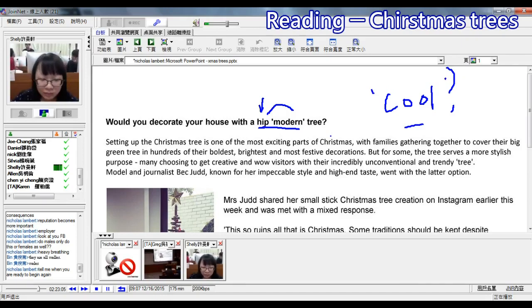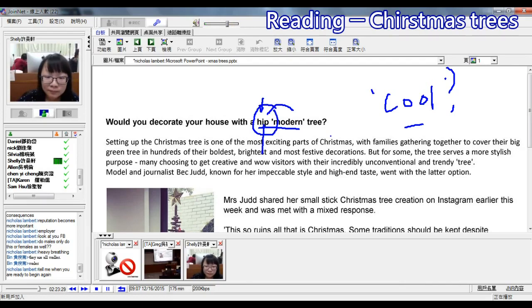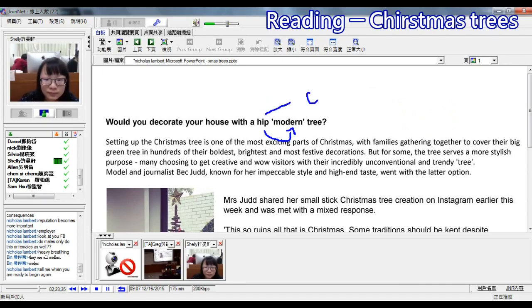If I say Shelley is a really cool girl, what do I mean? Special. Yes, special. You look good, you smell good, you taste good, and you're modern. In other words, you're hip. So hip, the best meaning is probably cool. So it's similar to modern, but hip means cool. So it's something that some people think is a good thing.